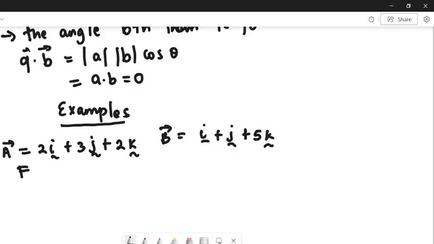You're supposed to find two things. Number one, Roman 1, find the dot product, and Roman 2, find the angle between A and B.